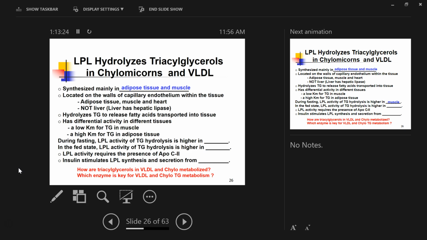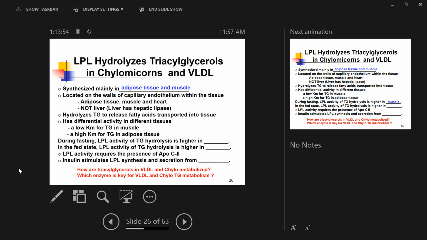So hepatic lipase basically hydrolyzes triglyceride in the chylomicron remnant. The function of lipoprotein lipase is to hydrolyze triglyceride and release fatty acids that can be transported into tissue, either adipose tissue or muscle, right?